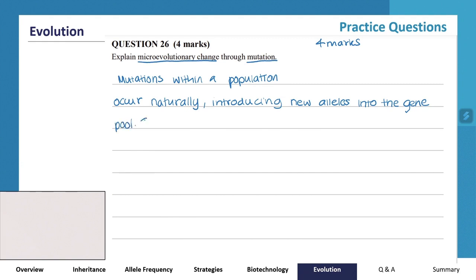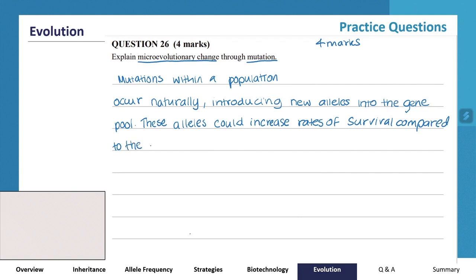What this means is that these mutations can be beneficial to survival. So these alleles could increase the rates of survival compared to the existing gene pool. They could be neutral, so they have no effect on survival, or decrease survival chances.